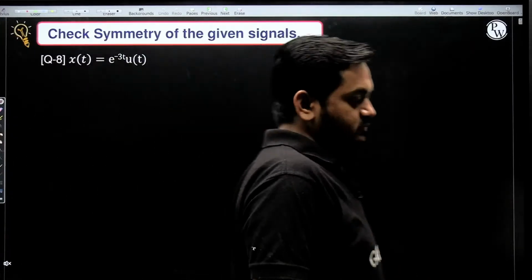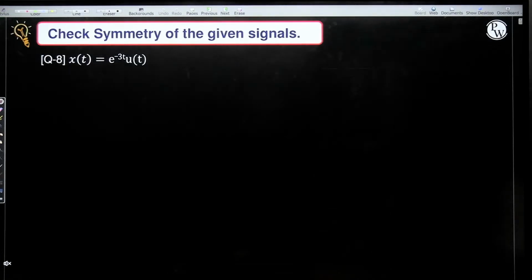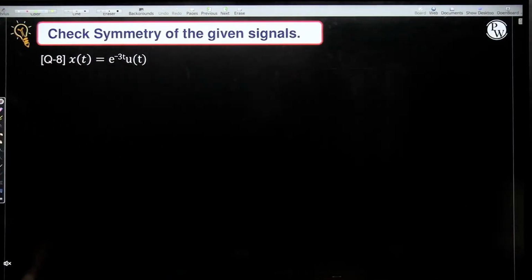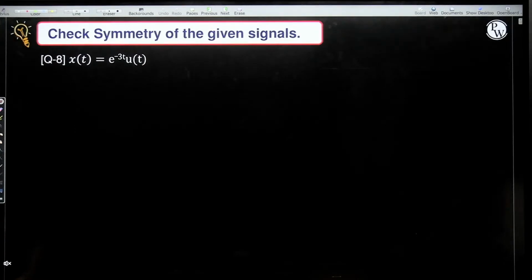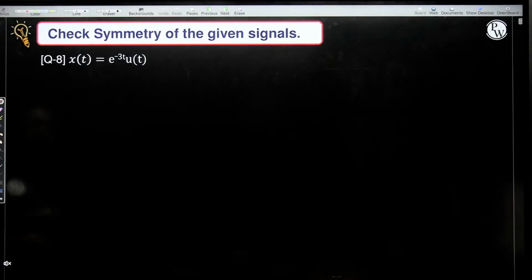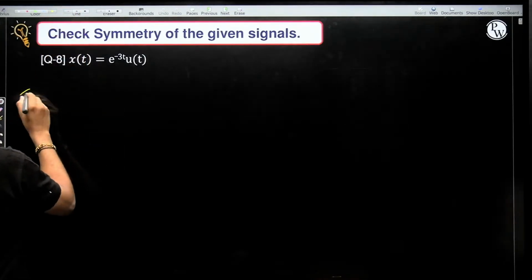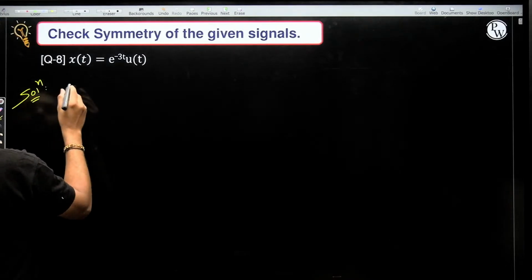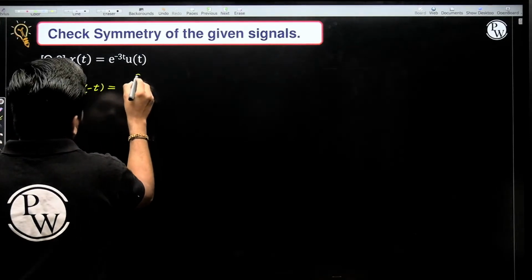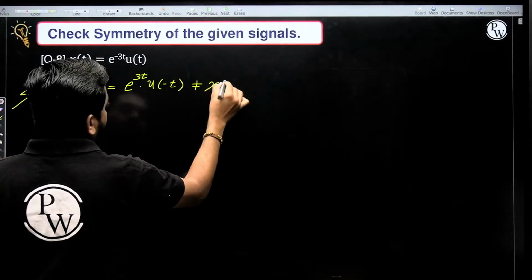Next question: now try this one, e power minus 3t into u of t, an exponential decreasing function. Graphically and mathematically, t becomes minus t, so we get e to the power 3t u of minus t, which is not equal to x of t, so it is not even.